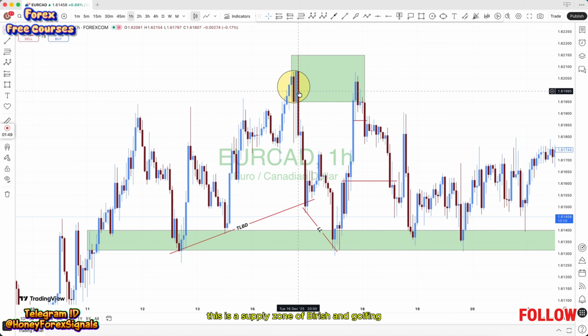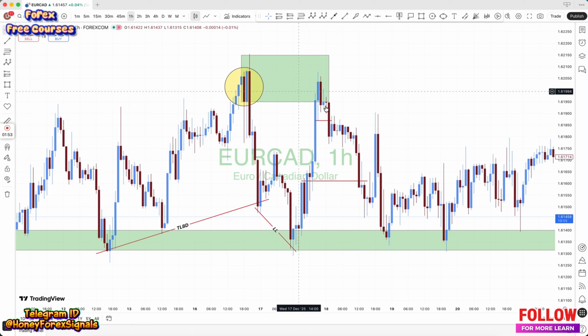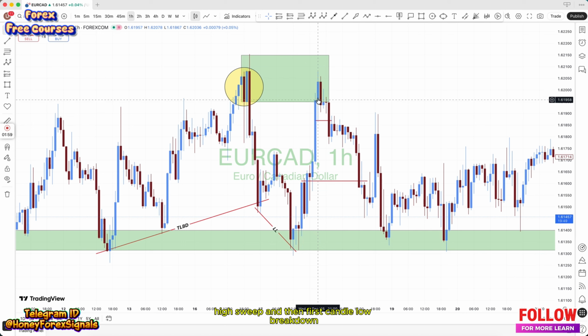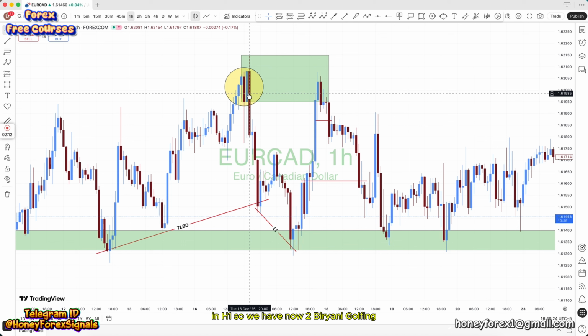This is a supply zone of bearish engulfing. So look here. High swing and then first candle low breakdown. And the market again made a bullish engulfing here in H1, so we have now two engulfing. Bearish engulfing supply zone and bullish engulfing we use here for confirmation.